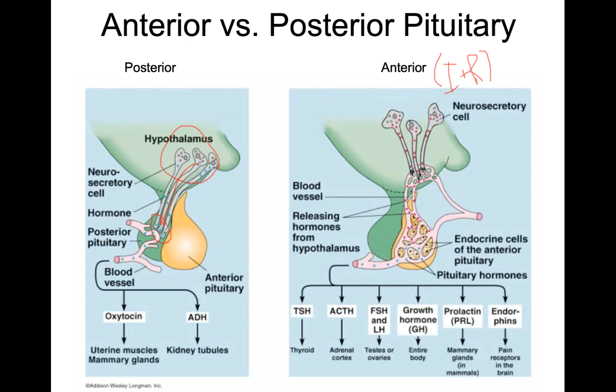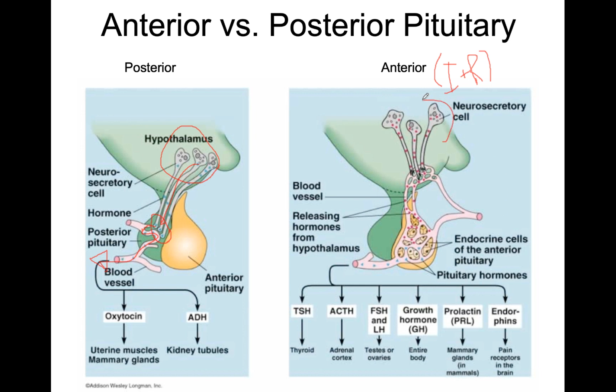These hormones are only released into the blood circulation to go out into the body when needed. So again, the posterior pituitary doesn't make oxytocin or ADH, it just stores it after the hypothalamus makes it and ships them down.